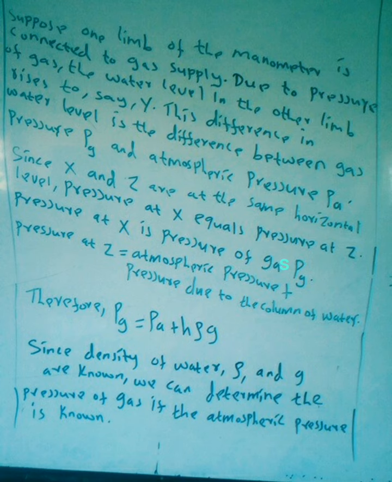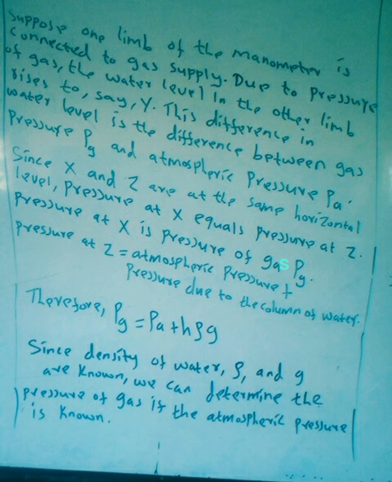Since X and Z are at the same horizontal level, pressure at X equals pressure at Z. Pressure at X is the pressure of gas Pg. Pressure at Z is equal to the atmospheric pressure plus the pressure due to the column of water.